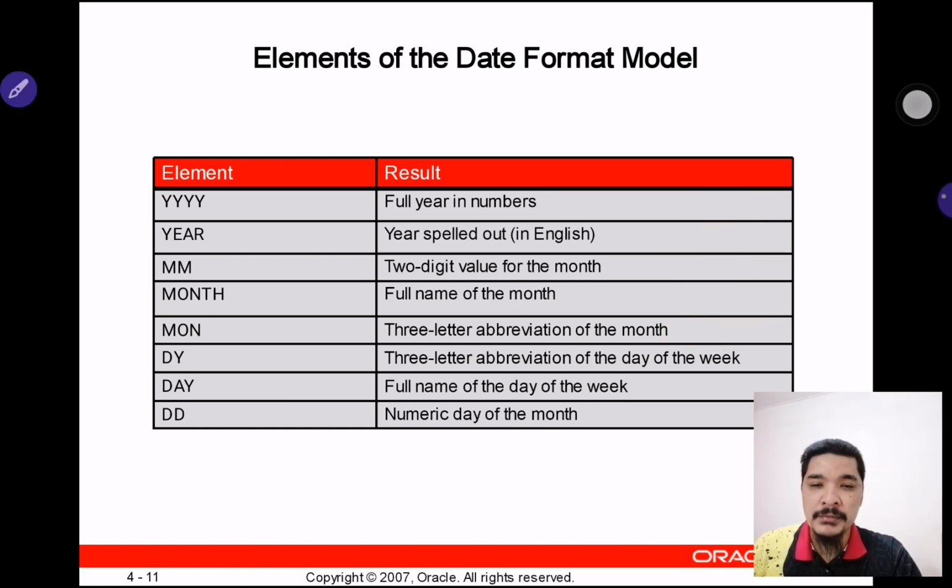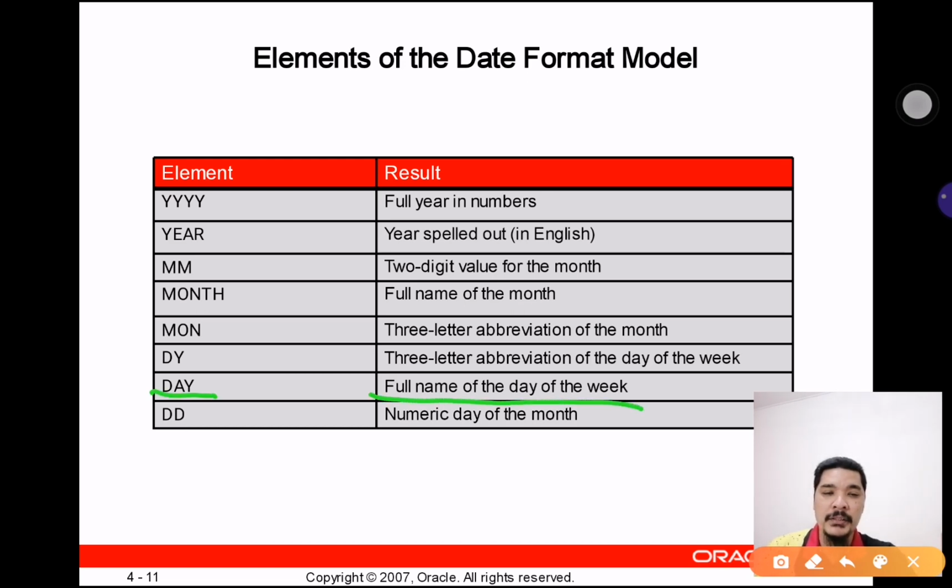DY is the 3-letter abbreviation of the day of the week, for example Tuesday, Monday, and so on. DAY is the full name of the day of the week, Tuesday, Thursday, Monday, and so on.